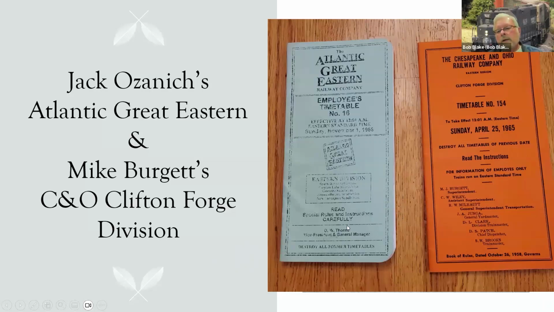So there is not really the information that a newbie at a session on these layouts might need to know. It's kind of difficult to dive into that timetable and learn it in the 15 minutes or so or half an hour before you start an operating session. So I wanted to try and bridge that gap a little bit.